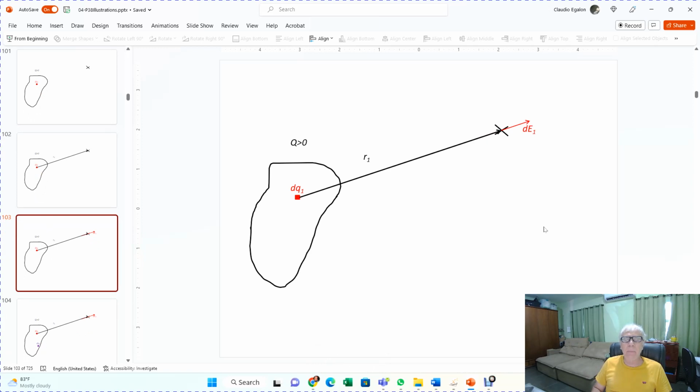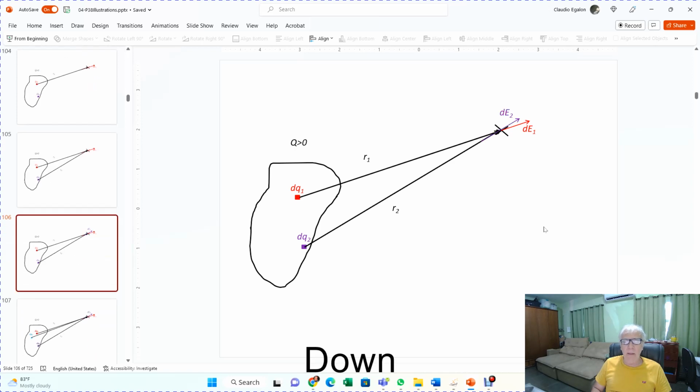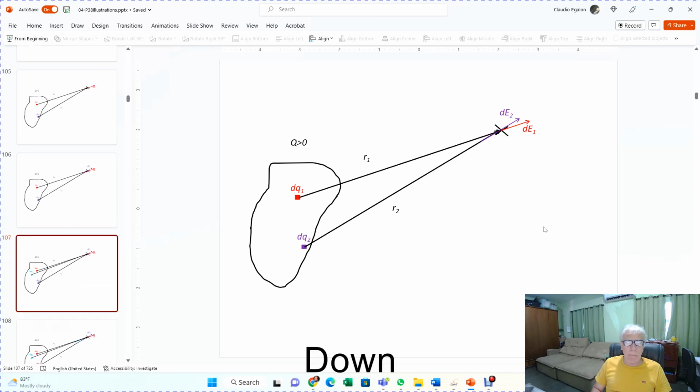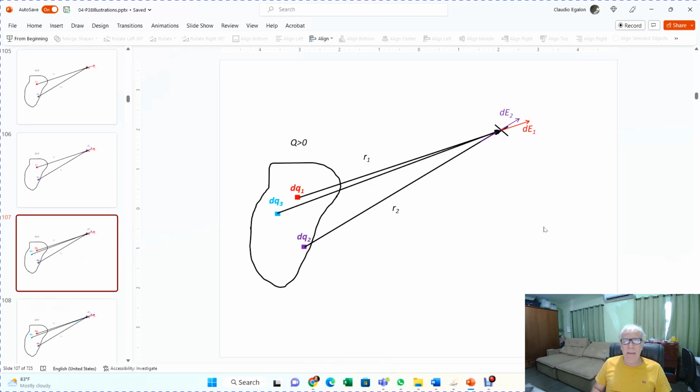Okay? And then another infinitesimal charge, dq2, also has a position vector from the charge to the point where we are calculating the electric field. This infinitesimal charge is going to contribute another infinitesimal electric field at that point. Okay, and so on. Here is going to be a dq3 charge.